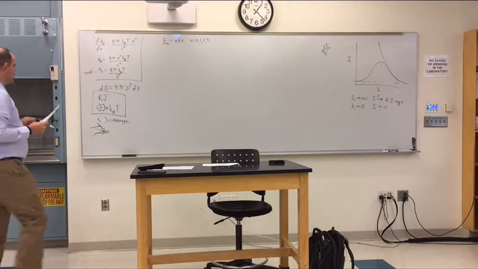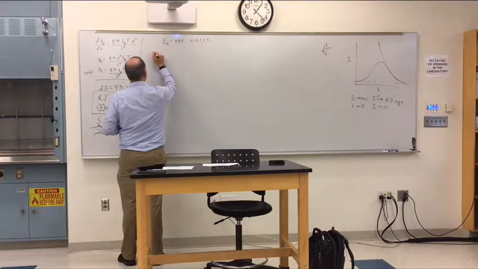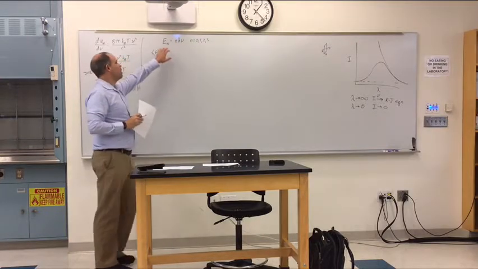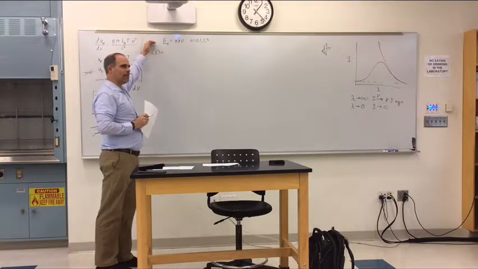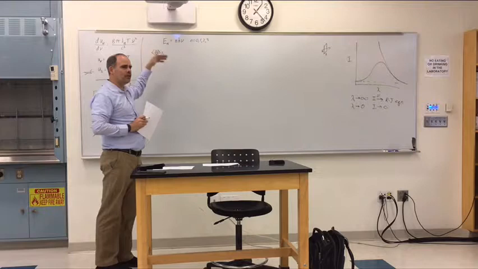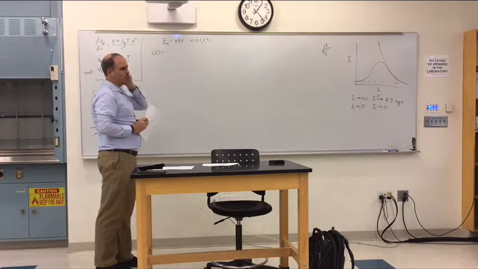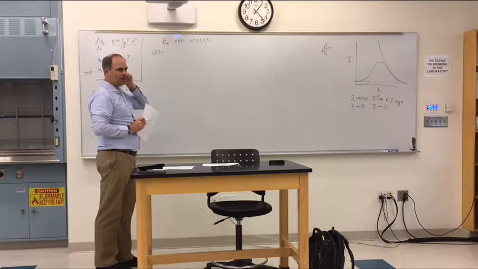Now what that means is that for the average value, the average energy would then be the population of each state. So what percentage occupies each one of these states times the energy of each one of those states, added together, right? So it's sort of the weighted average of those populations.